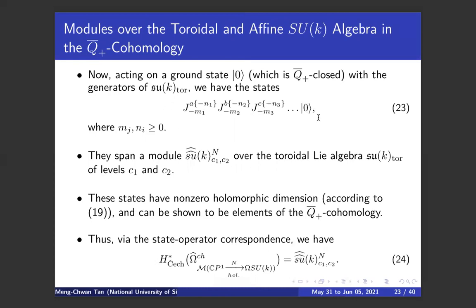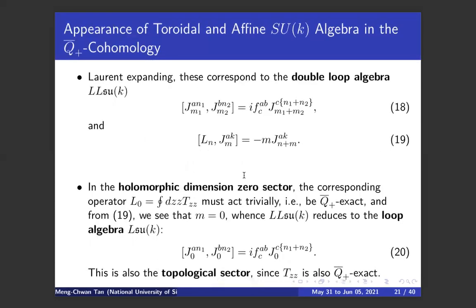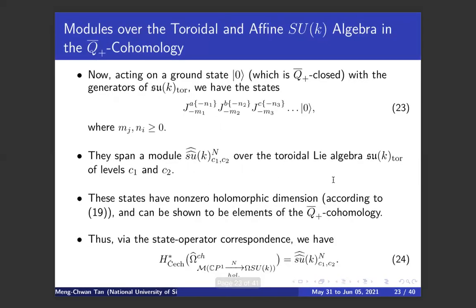So these states span a module of this toroidal algebra. These states have non-zero holomorphic dimension, as we already saw earlier. They can be shown to be elements of the Q plus cohomology. Again, you can show that these states are Q plus closed but not Q plus exact.